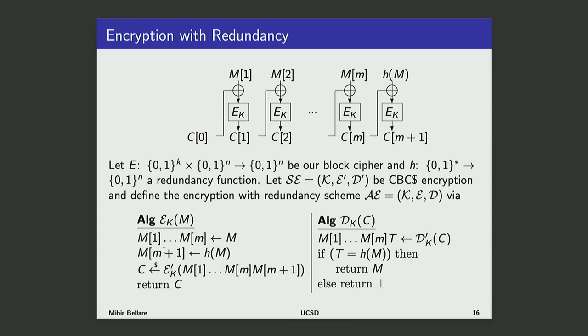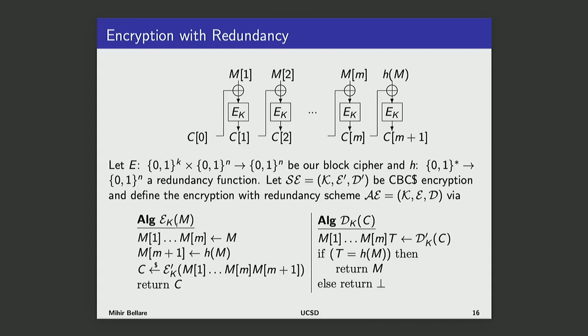So what I did here is I actually wrote down the algorithms in detail so that we go beyond the picture a bit. There's a bunch of moving parts. There's our block cipher E, that's the thing inside here. There's our function H, which is the one used over here, and those are both public. And finally, I will just let SE stand for our well-known CBC encryption scheme. But here I'll denote its encryption and decryption algorithms with a prime, because I want to define new ones. Once I have that, this new scheme can be written like this.